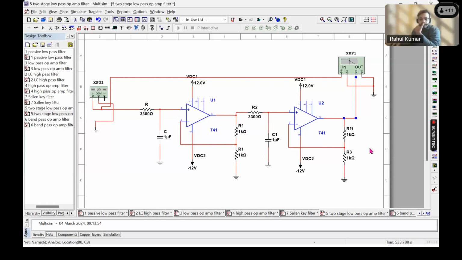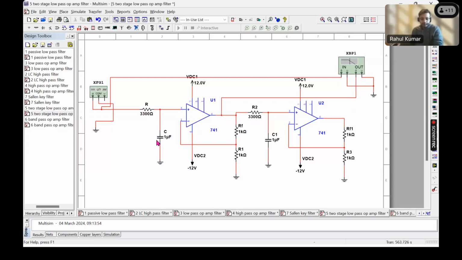Okay, so maybe we can first check the output of a first order or single filter over here. Using this R and C, we can calculate the cutoff frequency.